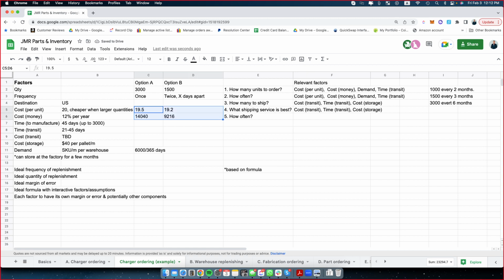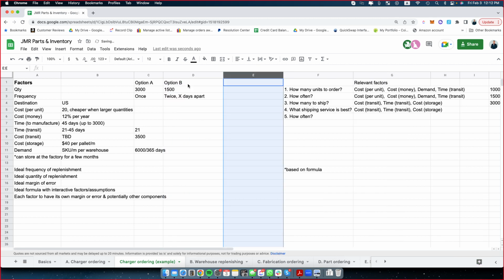Obviously in here, we need to talk about cost of transit. That depends on the type of shipping, but let's say we chose the best type, and the cost of transit is going to be $3,500 and it's going to be 21 days. Probably in here we have to be discussing two different sets.